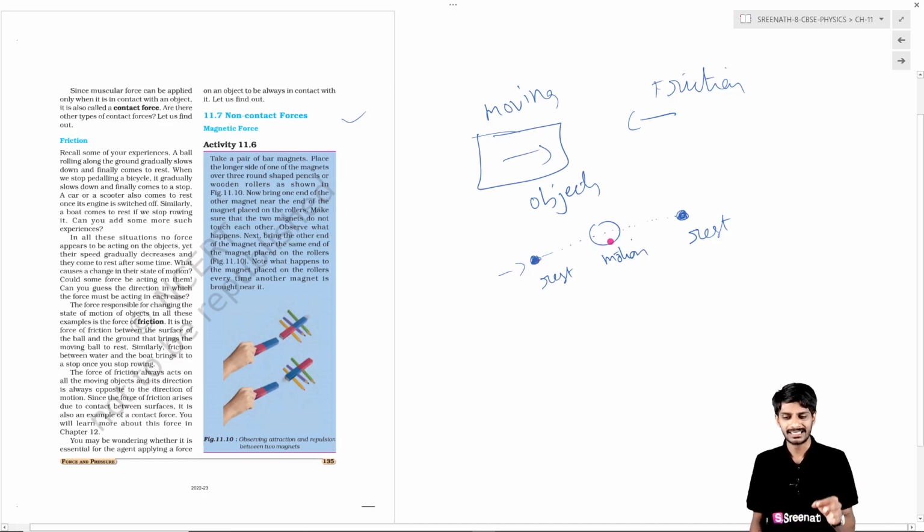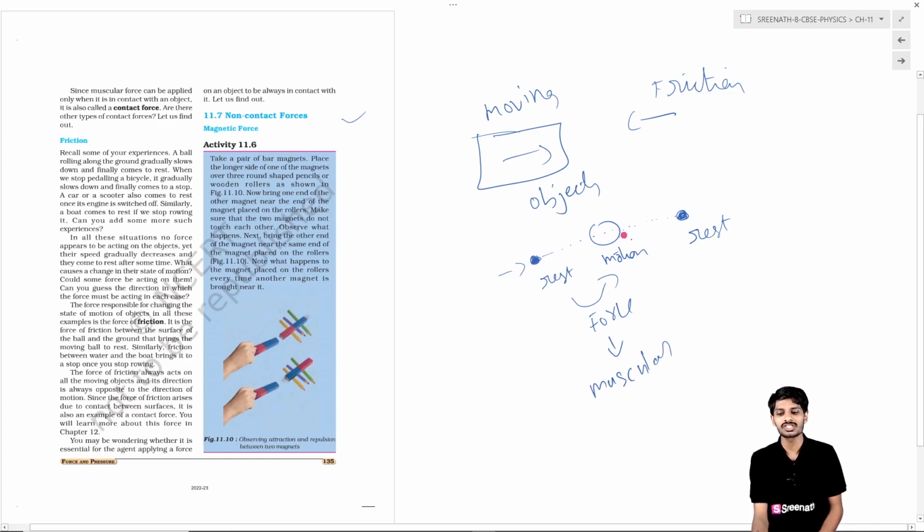But after that, we didn't apply any force. But the body which is in motion drops to the rest position. It again changes its state of motion. Why has it changed its state of motion? We previously discussed that in order to change the state of motion, we must require a force. Here we used muscular force to kick the ball.